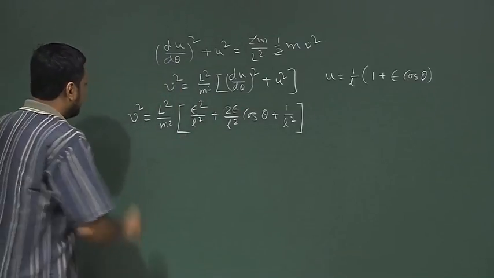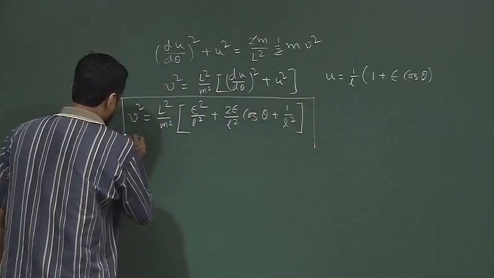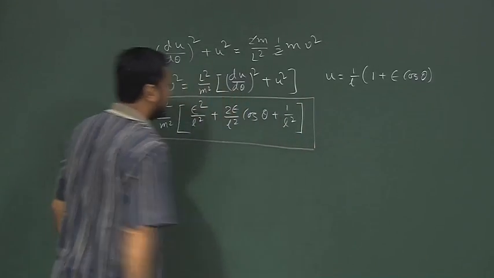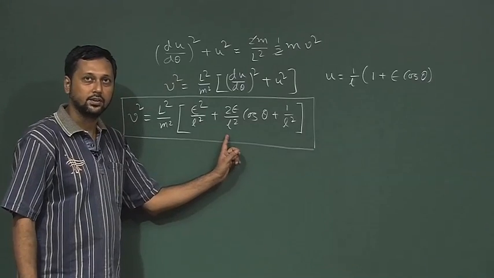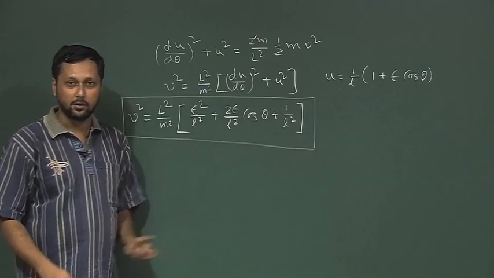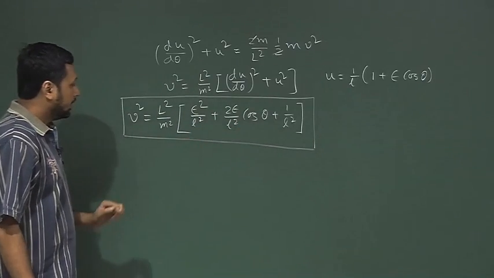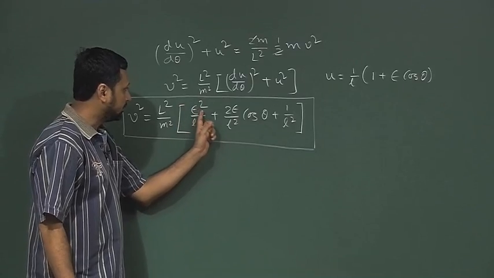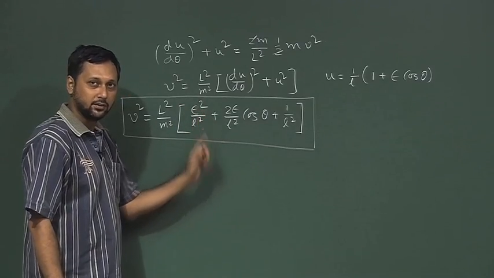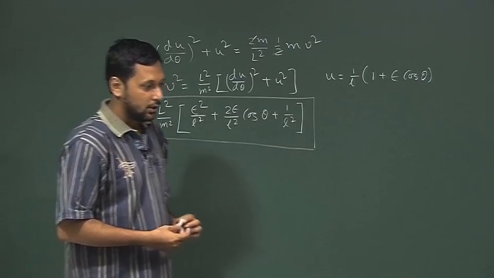So, this is the general expression for velocity in an inverse square force field. That means, when the path of the particle is a conic section, could be a circle, a parabola, a hyperbola, or an ellipse, this is the general expression. For specific cases, we have to substitute specific values of epsilon. We know that epsilon has different ranges. We will see that in a little more detail very soon.